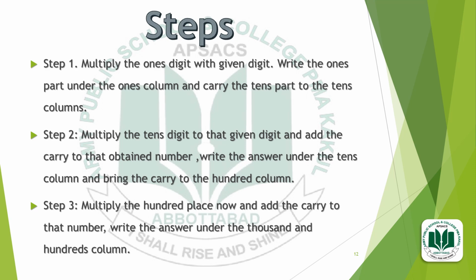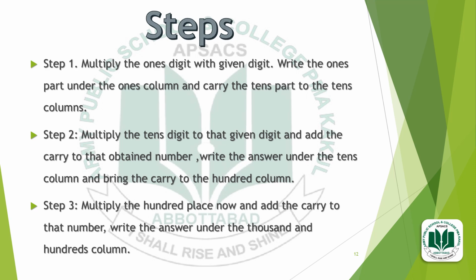Dear students, in this type we also follow the same steps as we followed in the previous one. Step number 1 is to multiply the ones digit with the given digit, and then we write the ones part under the ones column, and then we take the carry to the next place, which is the tens place.